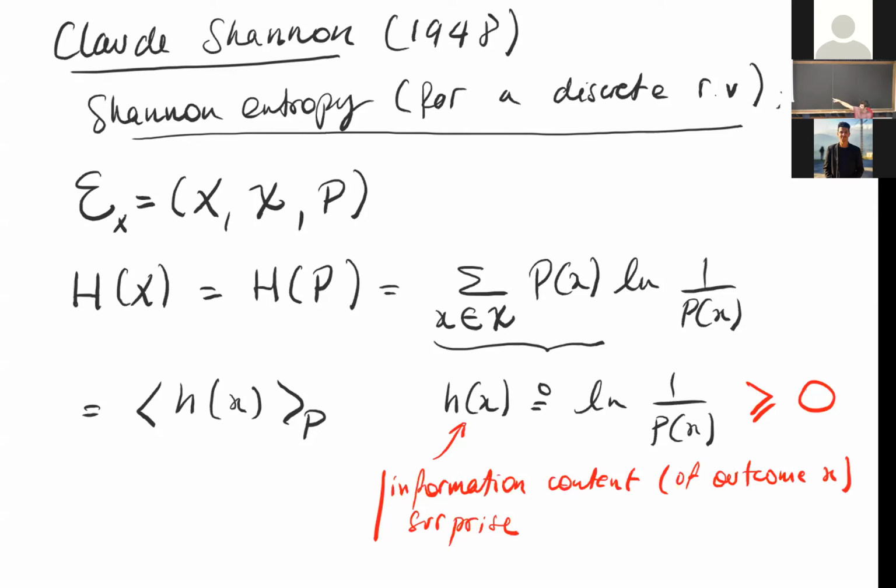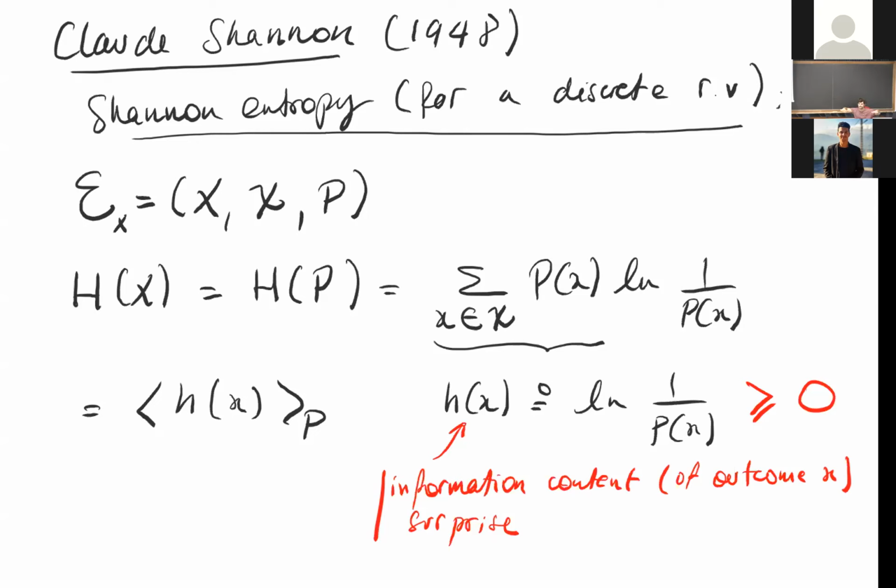But the fact that you have a logarithm here, which is a concave function, essentially lowers down, in a sense, the weight associated to this very surprising event.